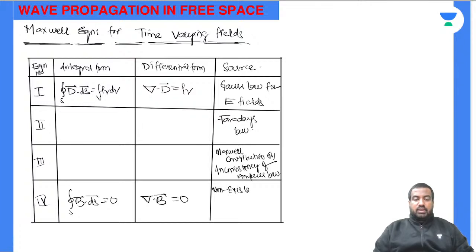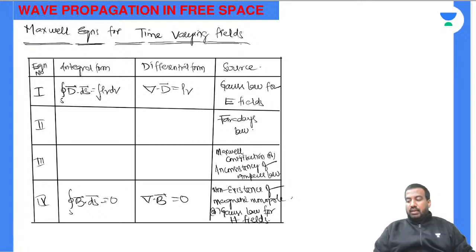From non-existence of magnetic monopole or Gauss law for magnetic fields. Clear? These two we need to derive, Faraday's law and Maxwell contribution. So far is it clear?